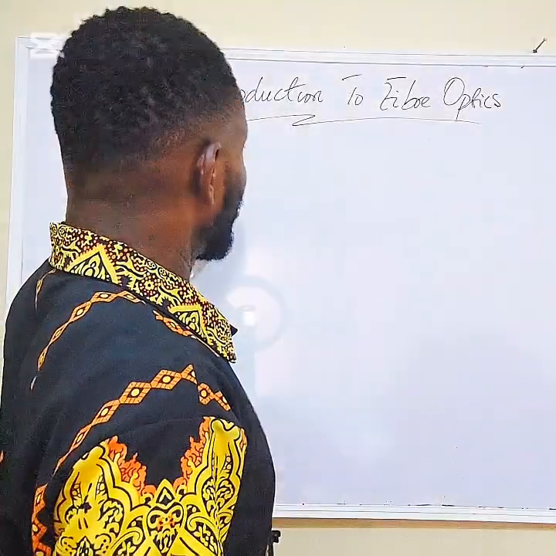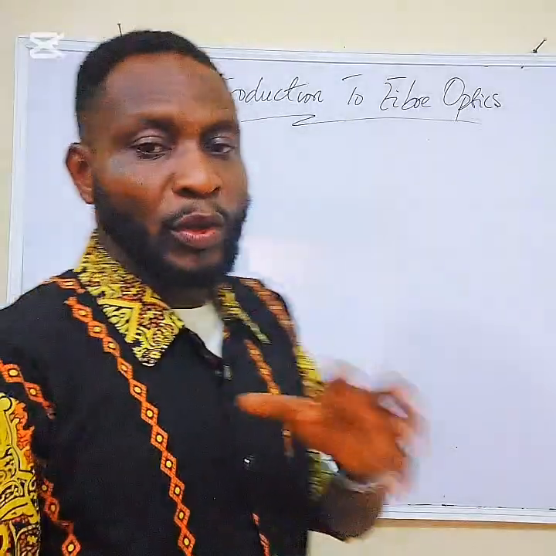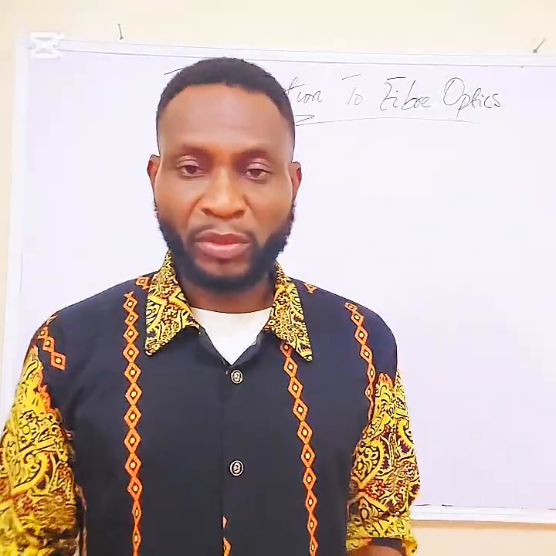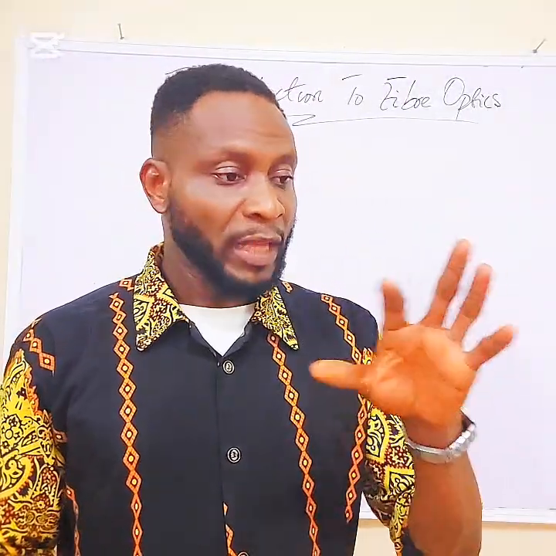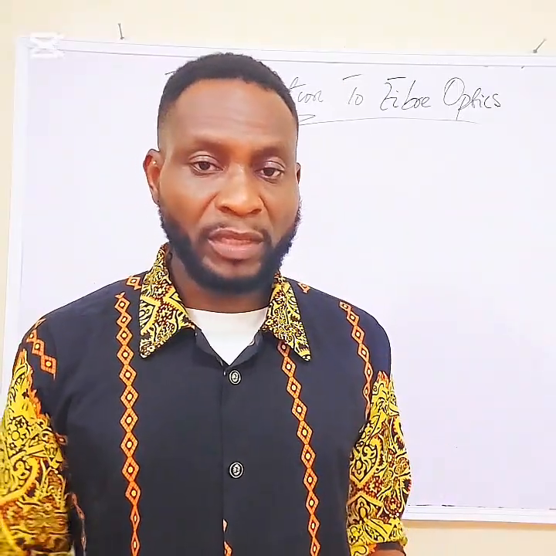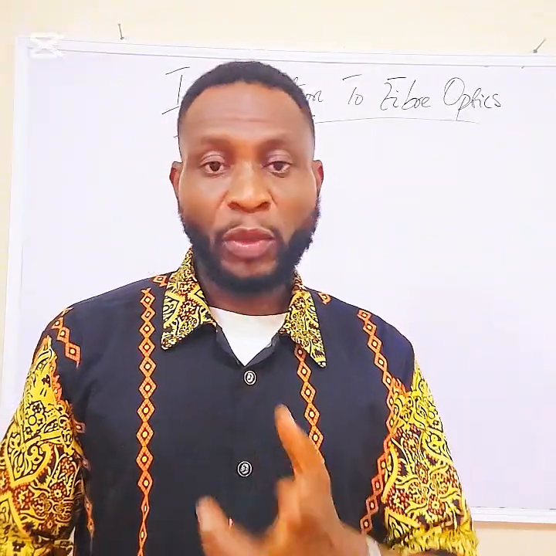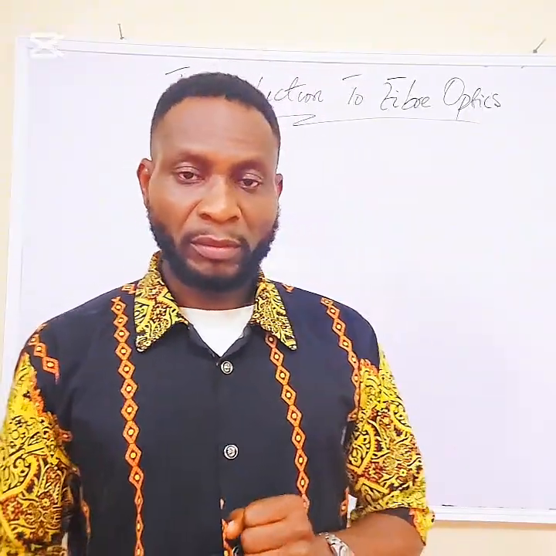Now let's talk about why we always have problems in transmission, apart from the fact that fiber is the best means of communication today. Why do we still have problems in communication and transmission? It is called attenuation. Then you ask, what is attenuation?